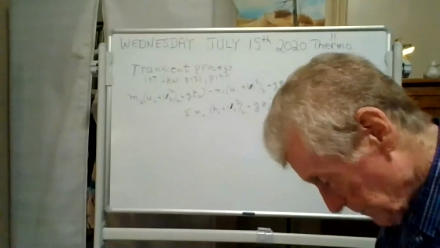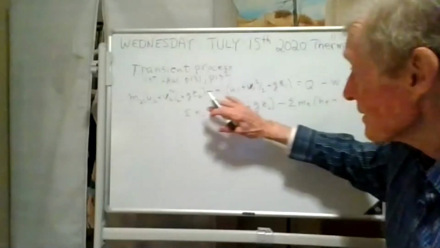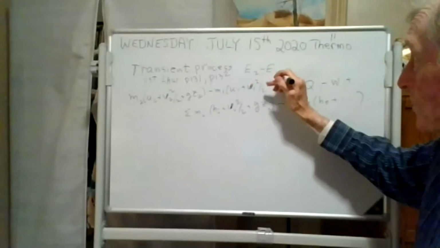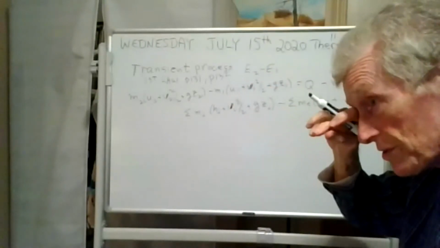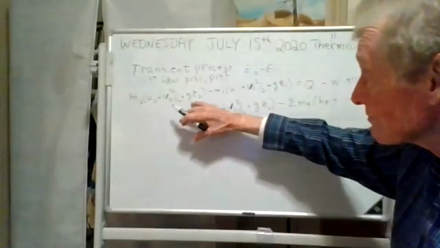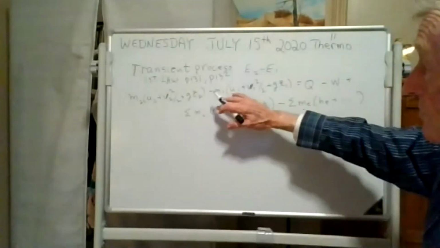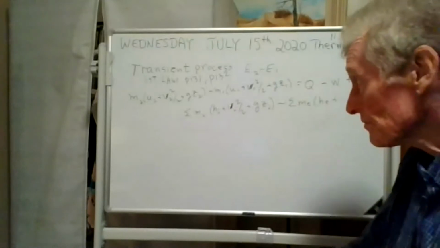And they have this right here, what that is, E2 minus E1. That's the total energy in your control volume. This is a control volume thing. And this is the final total energy in your control volume, and this is the initial total energy in your control volume.